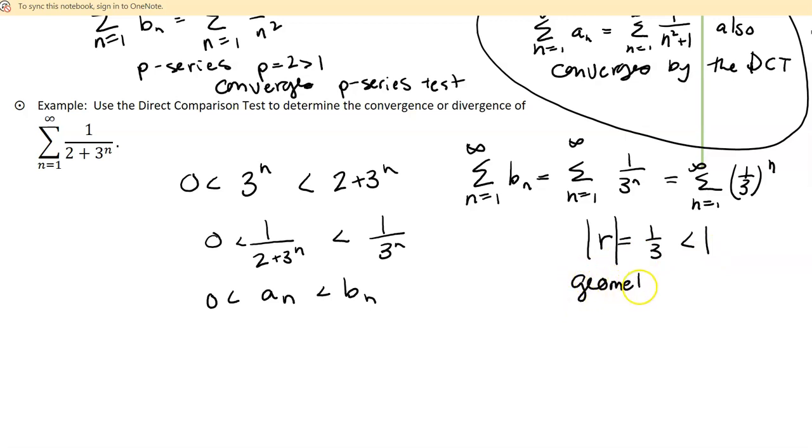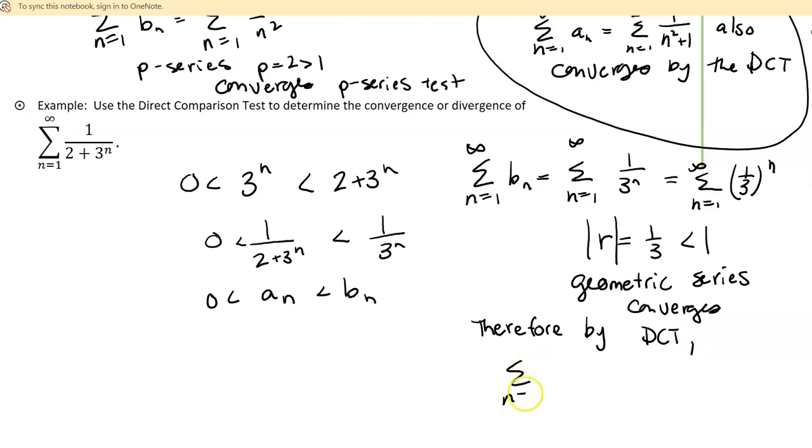So this is a geometric series with r equals 1/3, and it converges. So therefore, by the direct comparison test, the sum from 1 to infinity of 1 over 2 plus 3 to the n also converges. So we've got a larger series that converges, so therefore our smaller one must also converge.